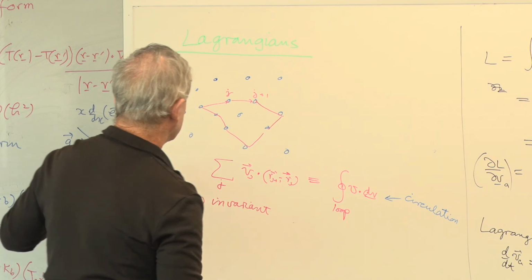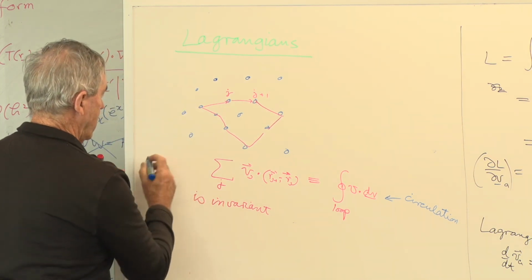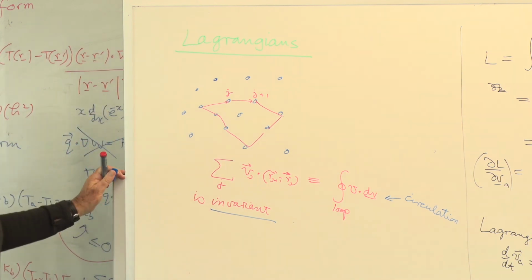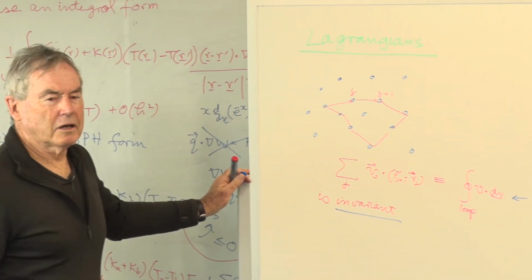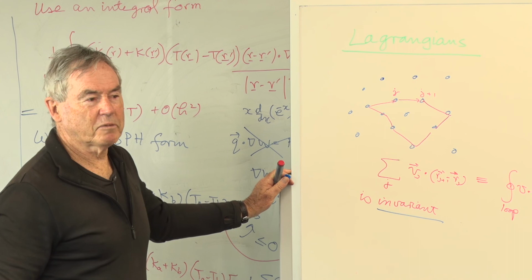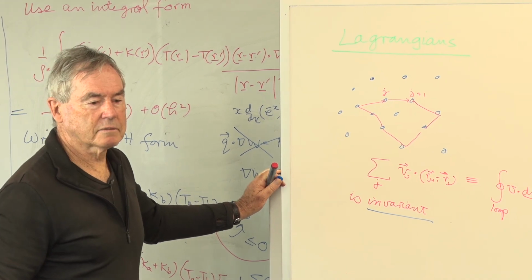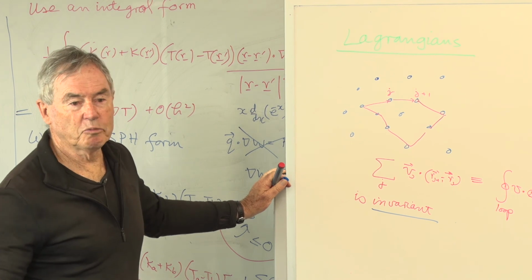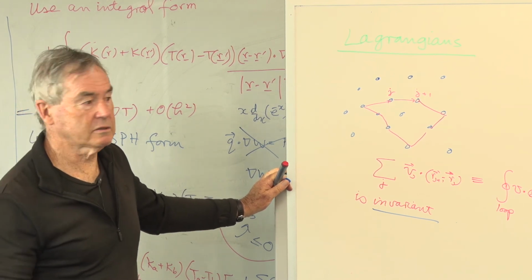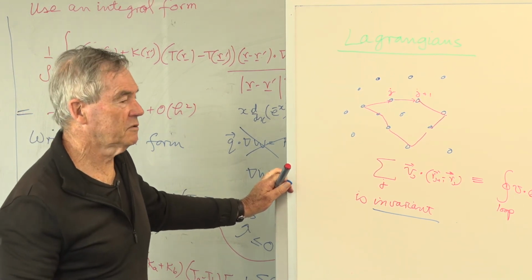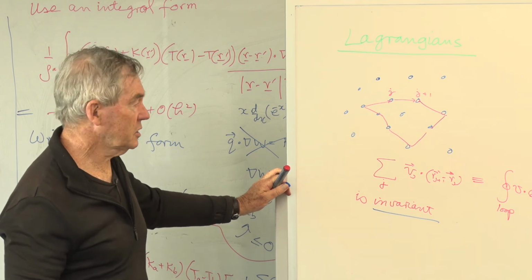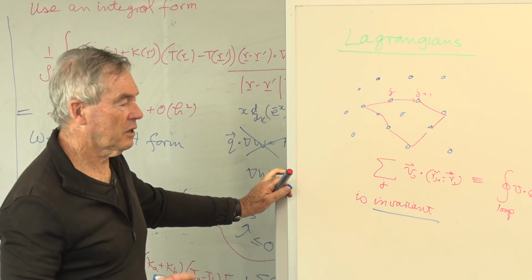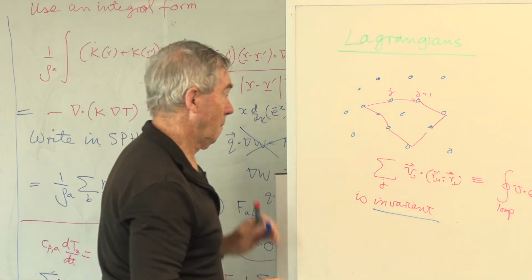And you can show that, because that's invariant, the circulation is invariant. Now that's a really interesting kind of invariant property, because it means that there are infinitely many. You can make any loop in the fluid you like and follow the particles or the elements of fluid, and this integral should not change. So there are infinitely many.